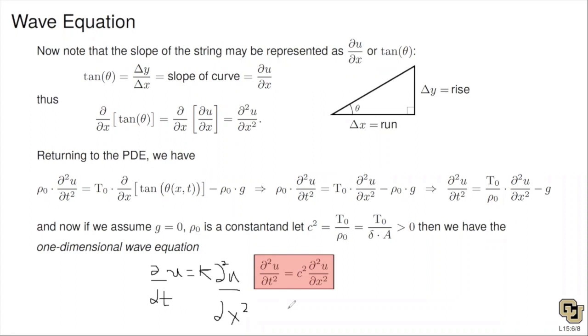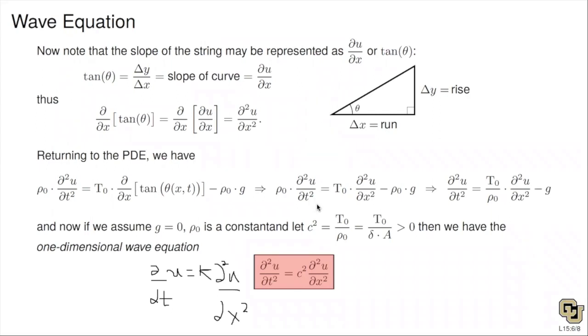Evan. Yeah, I had a question. So that T0 term, that is our constant force of tension throughout the string. Yeah, right. That horizontal tensile force. Because earlier we treated it as a function, so we could take the derivative of it. But then after we did that, we just treated it like a constant term.